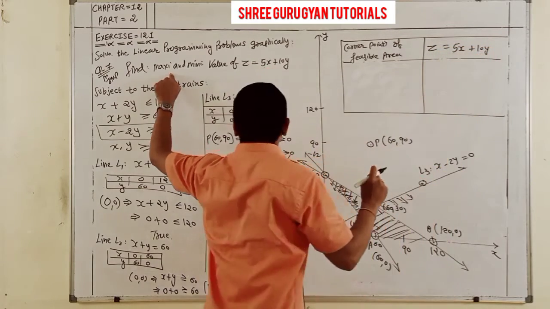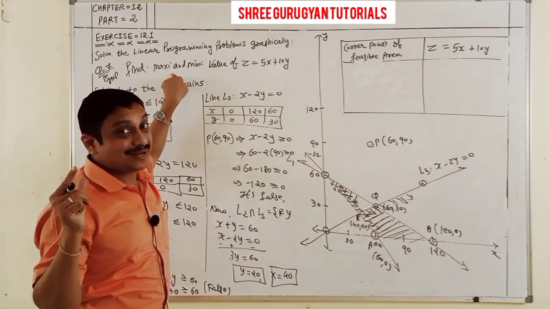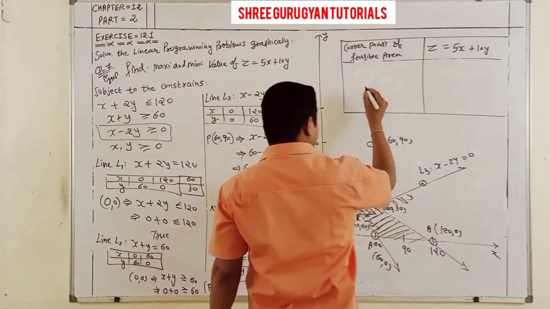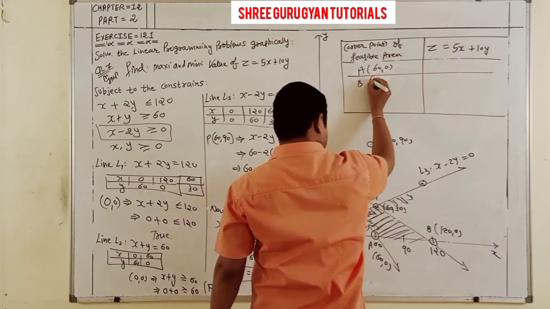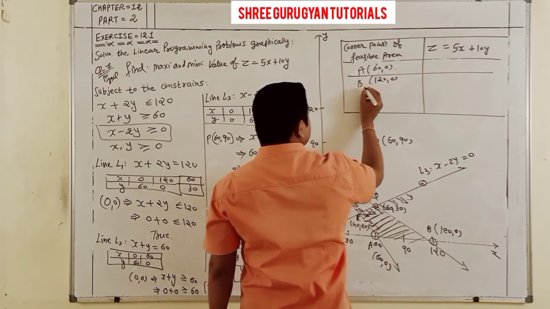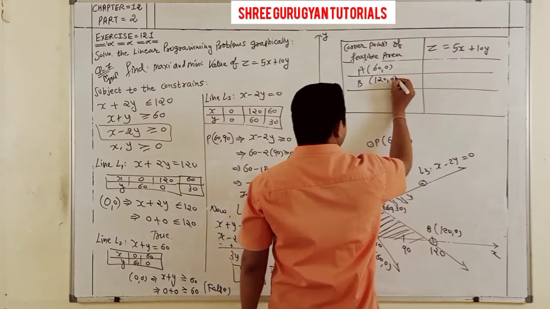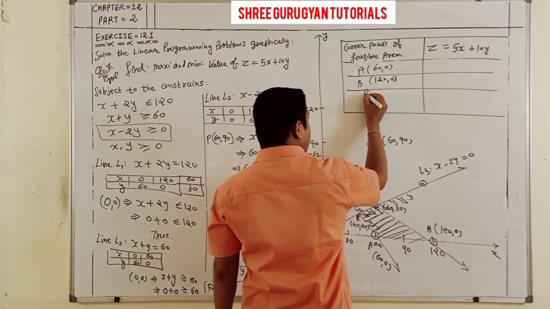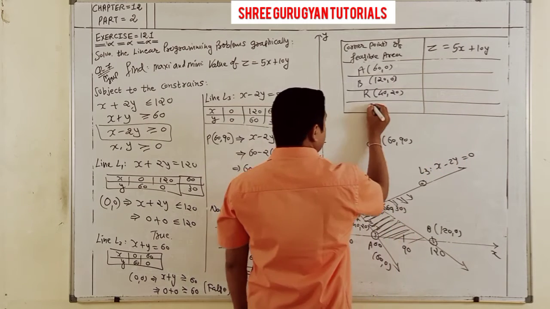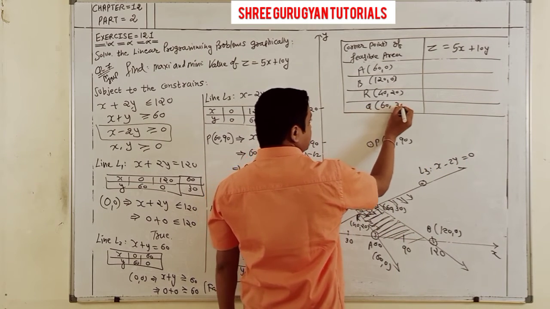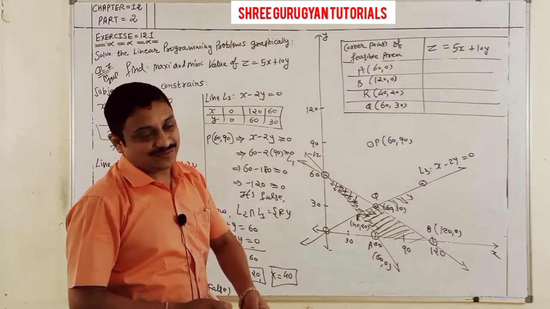I want both maximum and minimum. So my first point is A, 60, 0. Second B, 120, 0. Third P, R, 40, 20. And last Q, 60, 30. Respectively put down the values.